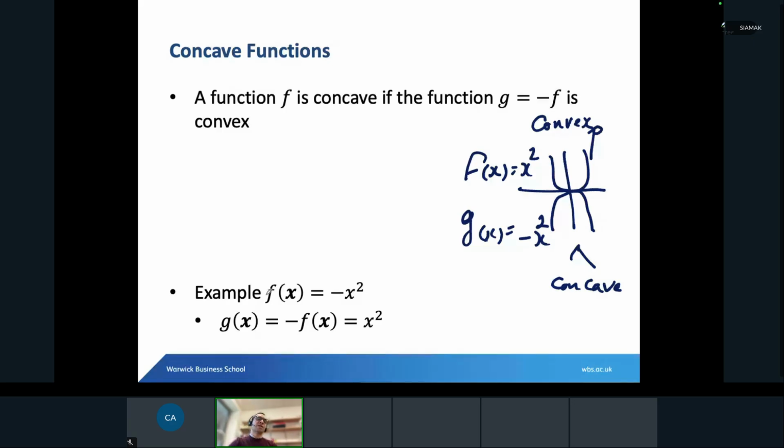So you can see that horizontally it is mirrored. If a convex function is horizontally mirrored, it becomes a concave function. Or alternatively, if you have a function and you want to see if it is concave, you can just mirror it, and if the mirrored one is convex, the original one is a concave function.